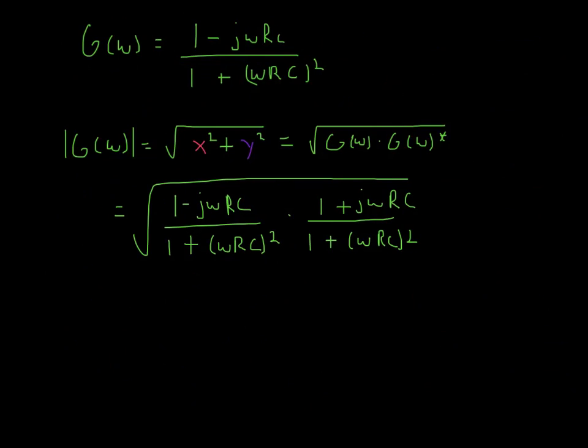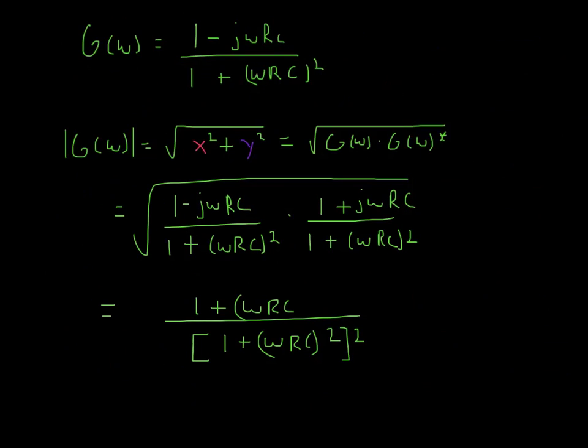I don't know if you can see it from here, but this is actually not such a hard one. On the bottom here is going to be 1 plus omega RC squared, and that whole thing is going to be squared. And then the top is just going to be 1 plus omega RC squared.